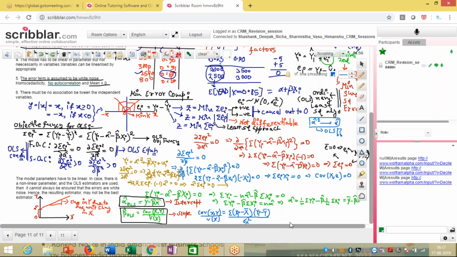Right? So this is how beta hat measures the sensitivity or the responsiveness of y with respect to 1 unit change in x. So what does beta hat measure? It measures the variation in y with respect to a variation in x. Right?